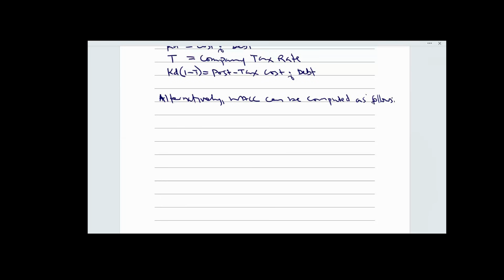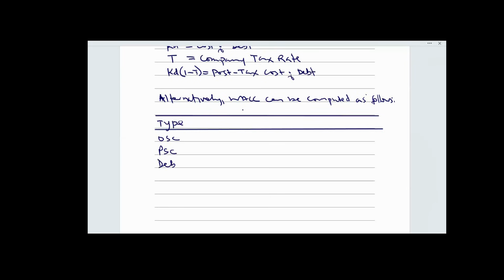Okay, so to do this, we are going to create about 4 columns. The first column will be the type of the security. We can have ordinary share capital, preference share capital, and then the debt capital in the capital structure.